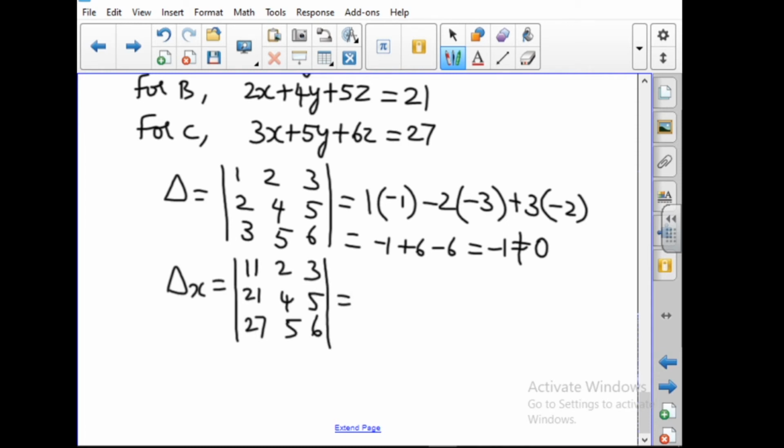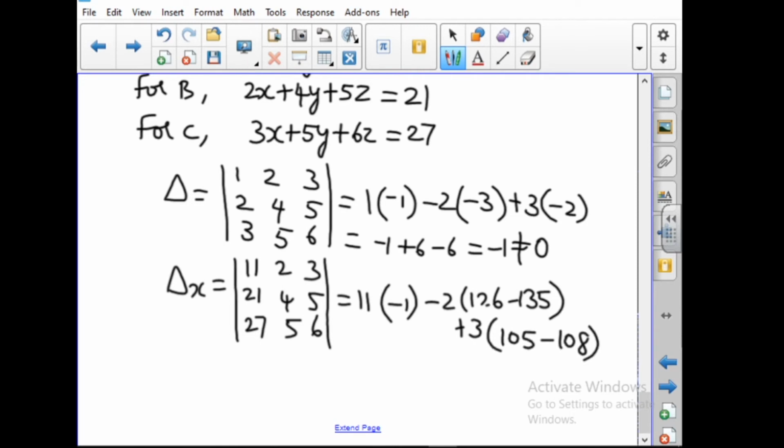Now let us do this. 11 into again 24 minus 25, minus 2 into 21 into 6, that is 126 minus 135, plus 3 into 105 minus 108.